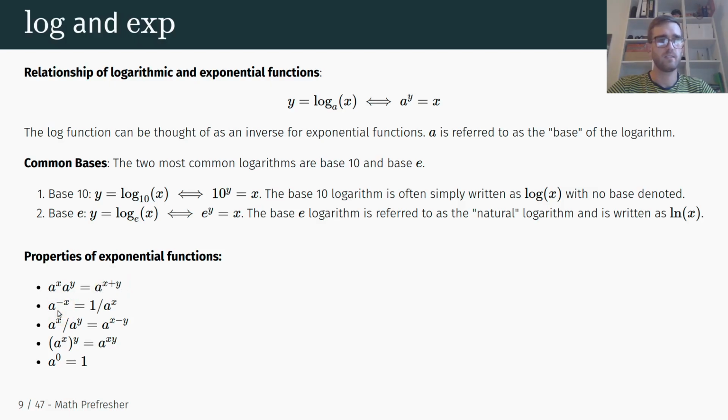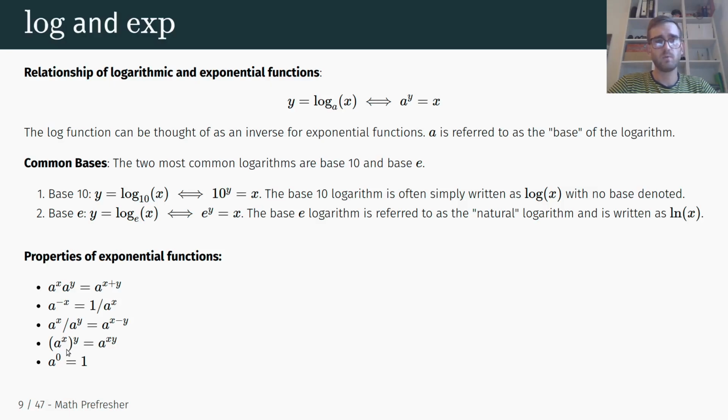As soon as we have a to the power of minus x, that is equivalent to saying 1 divided by a to the power of x. And by extension, if we have a to the power of x divided by a to the power of y, we can subtract both exponents and write this as a to the power of x minus y.